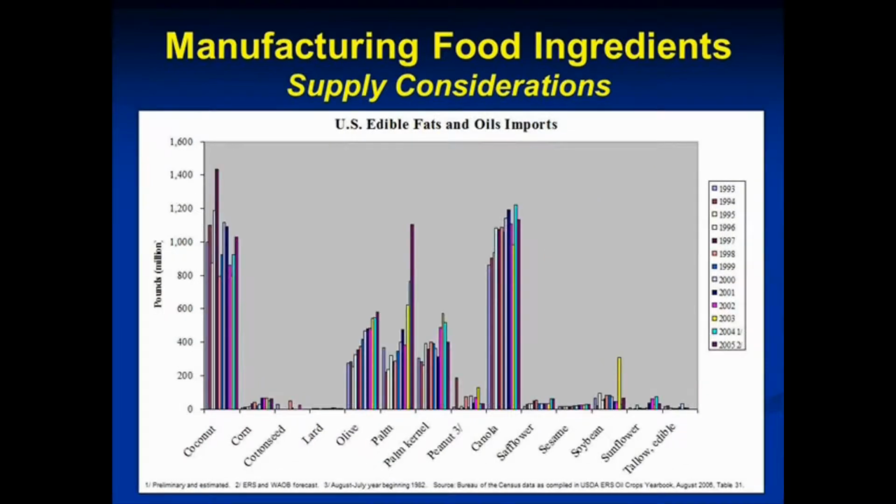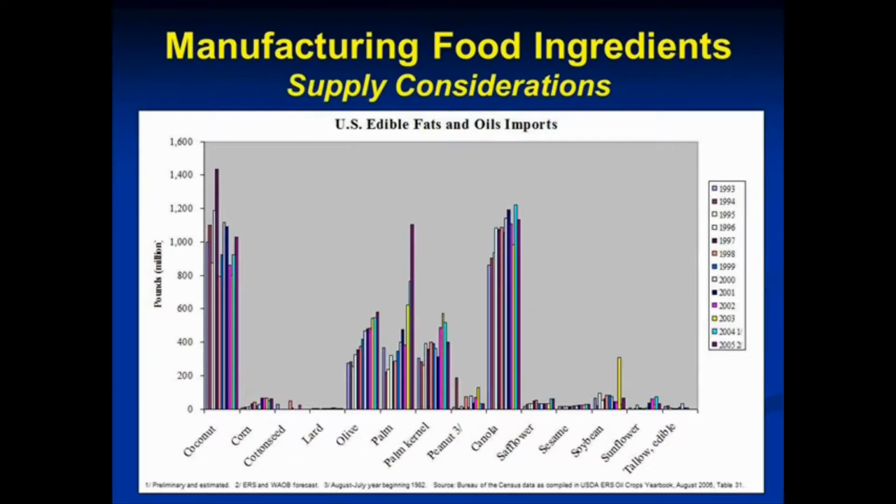If we look at imports of edible fats and oils into the United States, the major imports are coconut and canola. If you look at palm, it's been steadily increasing and really spiking up in the last few years: 2003, 4, 5, a real spike in imports of palm.